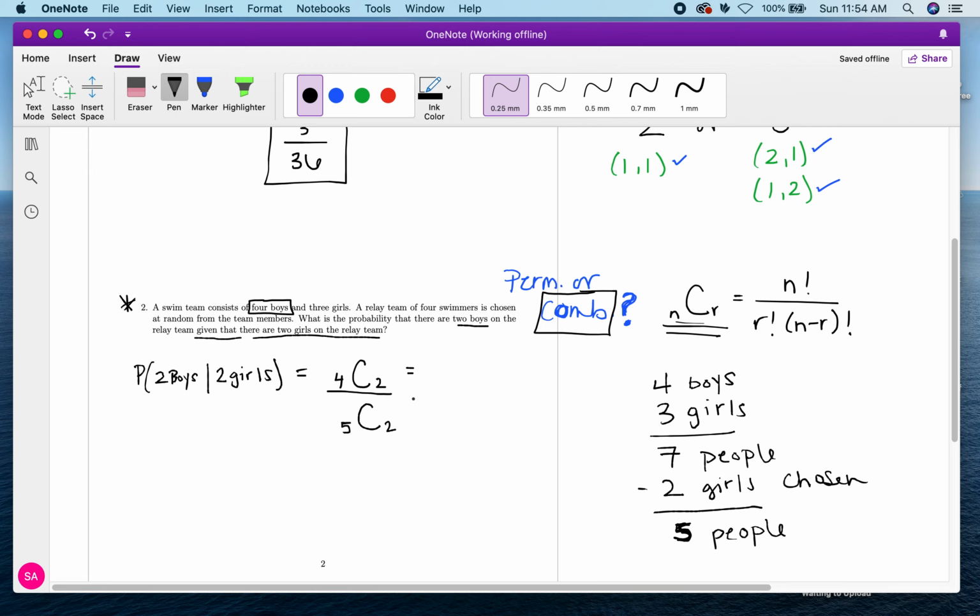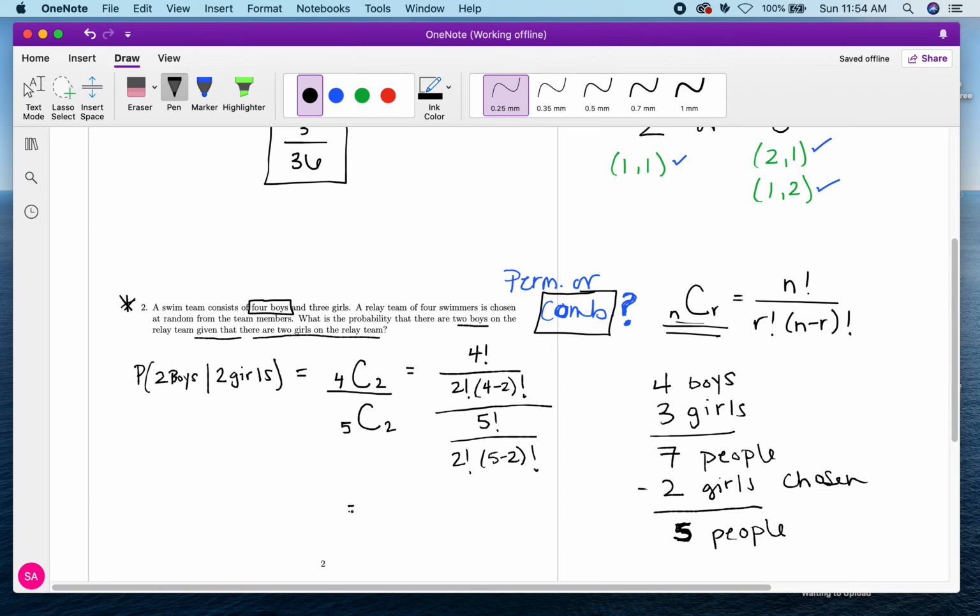All right. And then you would plug everything into your formula. We get 4 factorial over 2 factorial times 4 minus 2 factorial, all over 5 factorial over 2 factorial times 5 minus 2 factorial.